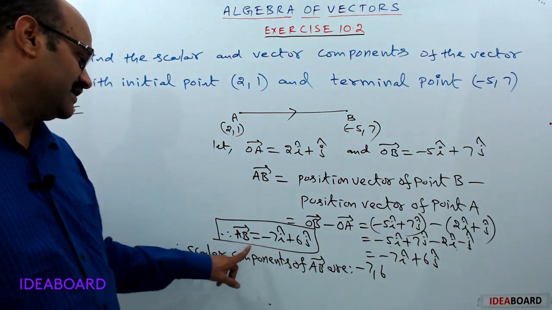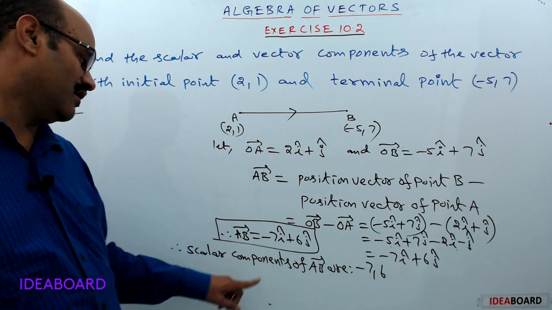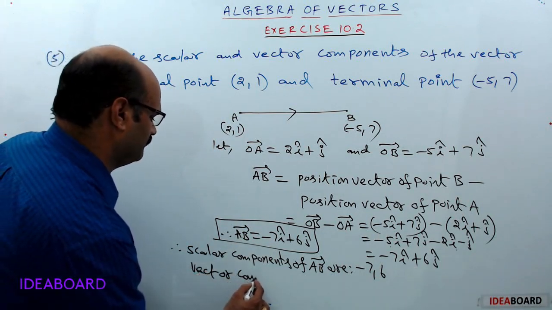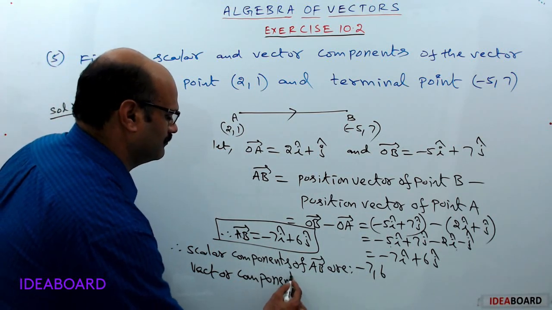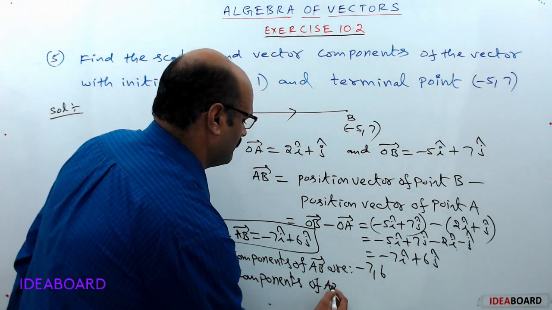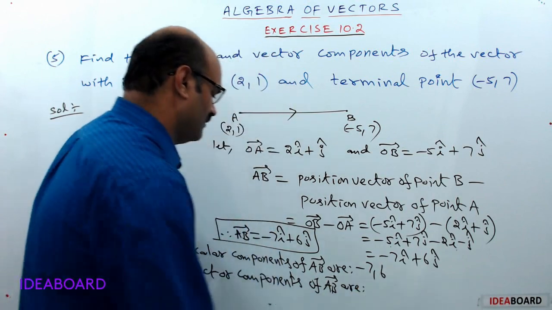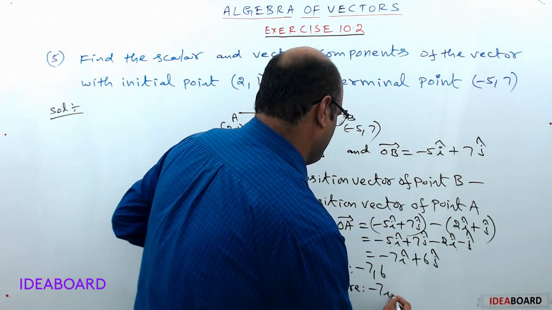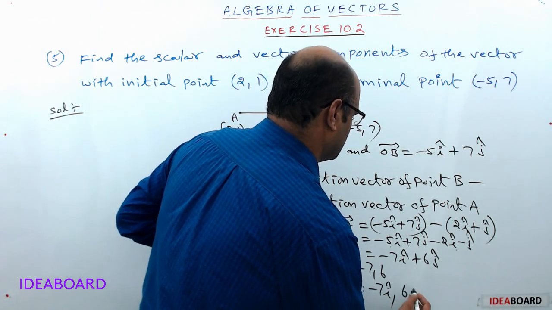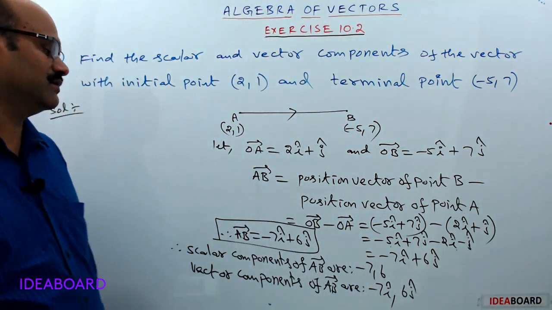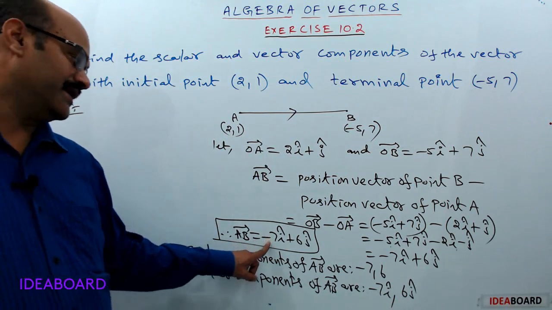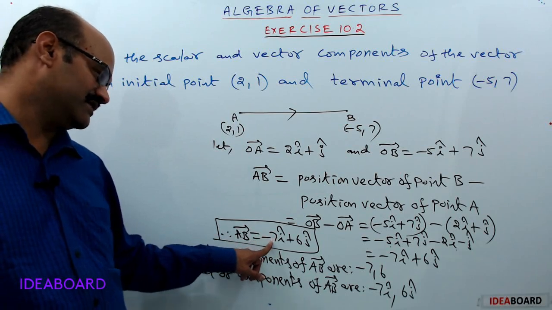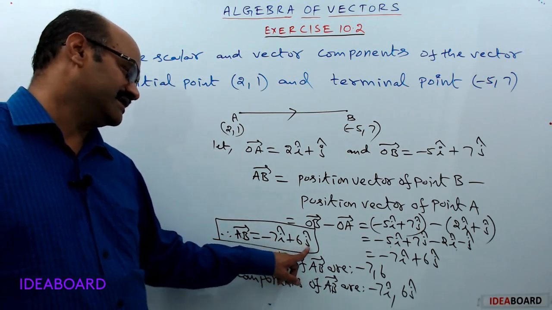Here, vector components of AB vector are -7i cap, 6j cap. So the scalar components are -7, 6. Vector components of AB vector are -7i cap and 6j cap.